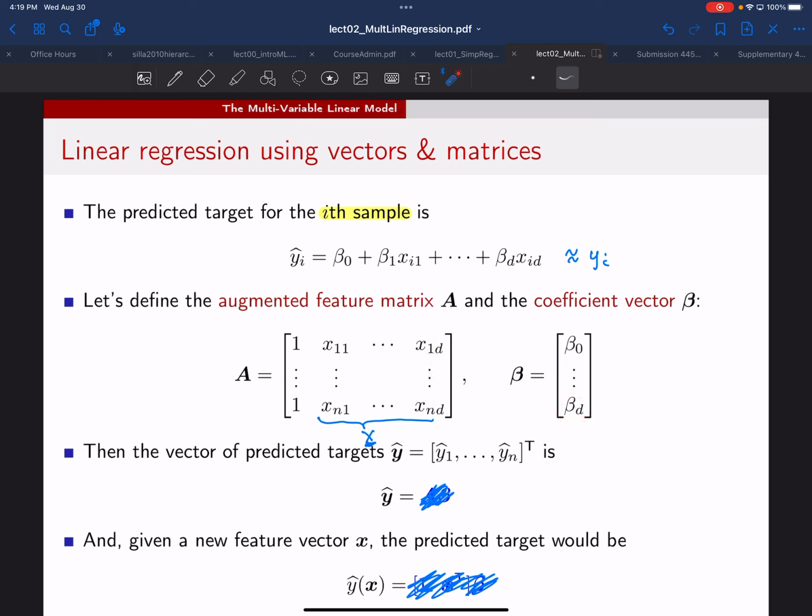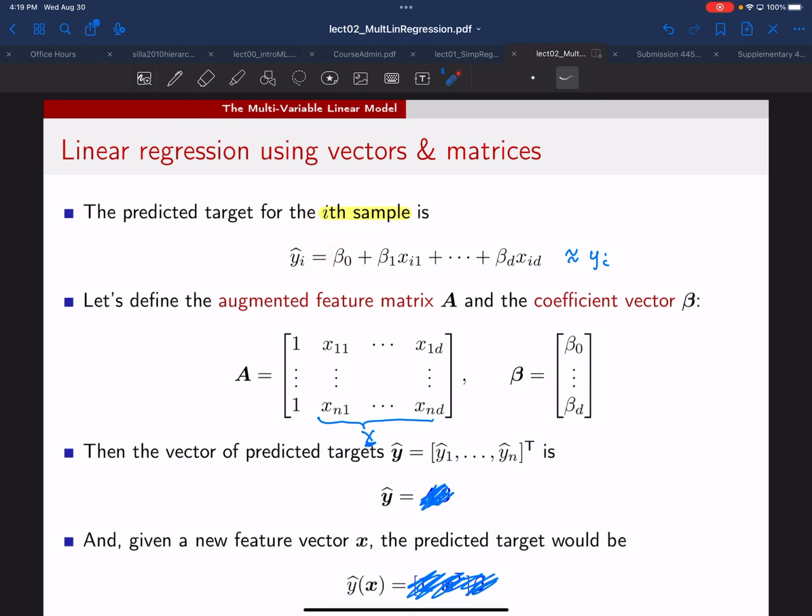And so that's why we're adding it, so we can do an easy multiplication between this quantity and this quantity, where beta 0 will be multiplied by 1, so that it gives us this term in every sample.